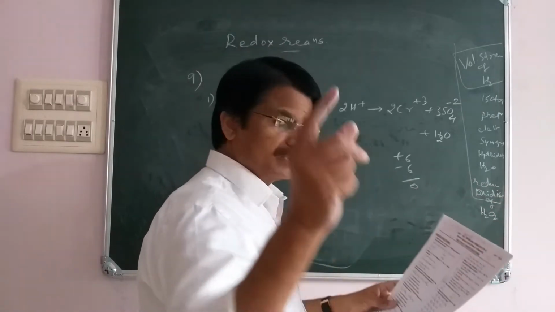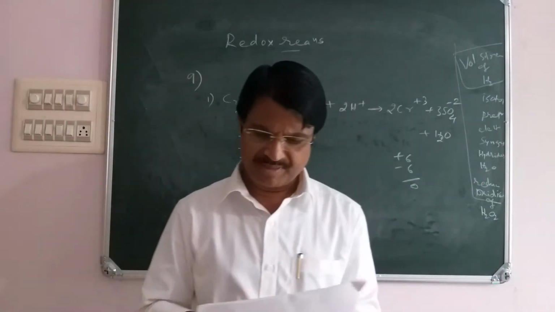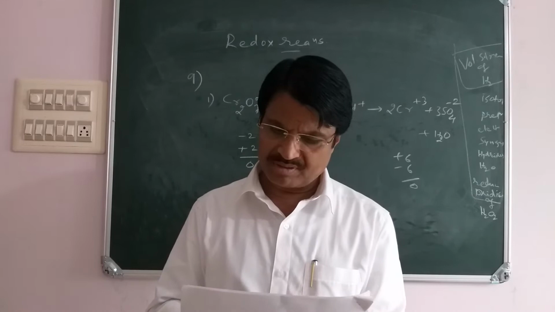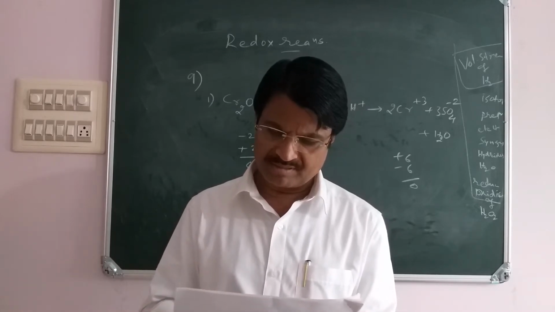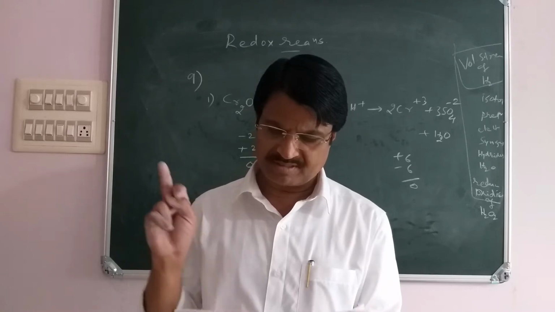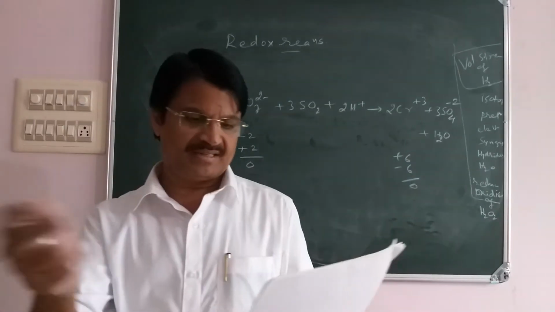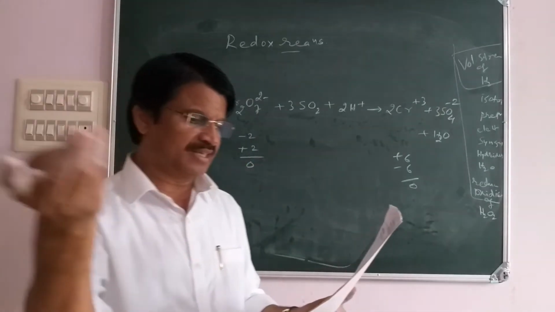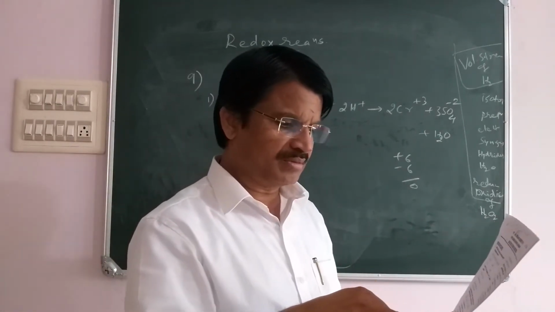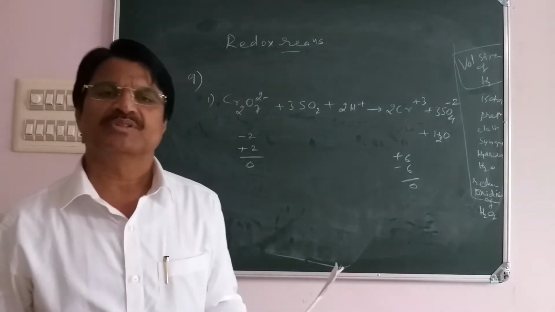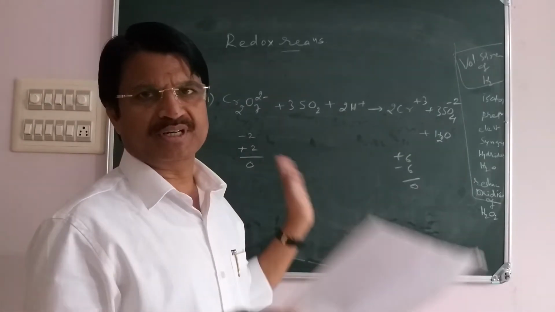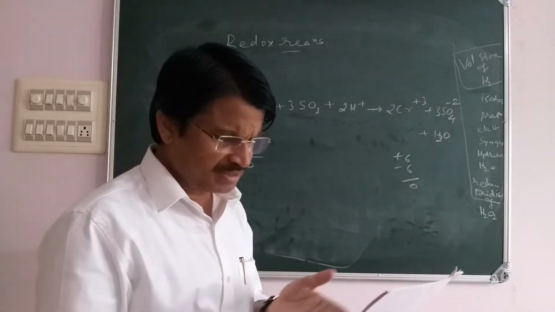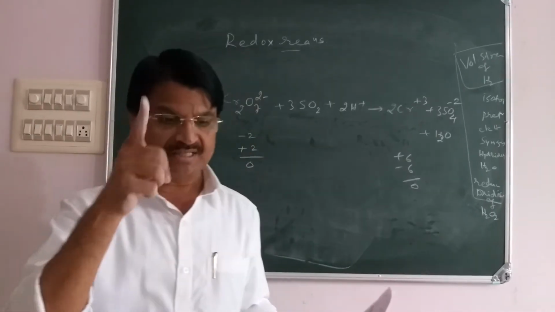But when you count the charge, minus 4 plus 4, 0. Then 4 3s are 12, 3 2s are 6. Left side 0, right side plus 12 and minus 6, so you get plus 6. Right side plus 6 and left side 0. Therefore it is unequal. The number of atoms seems equal, but charges are not equal.